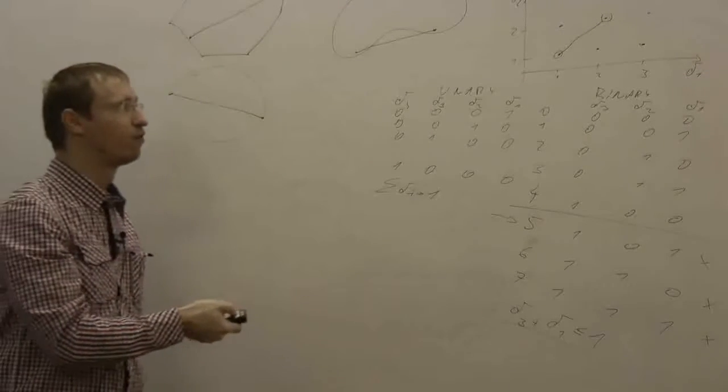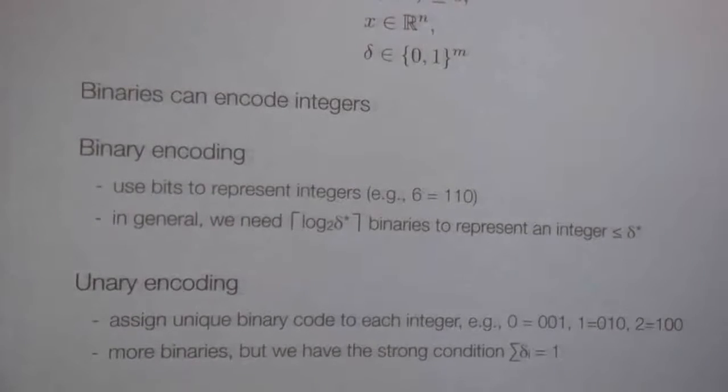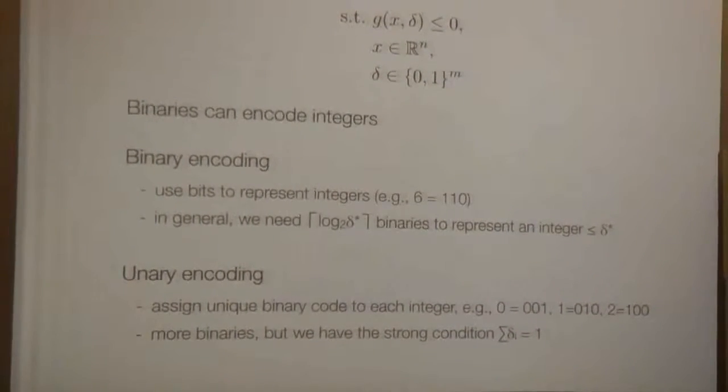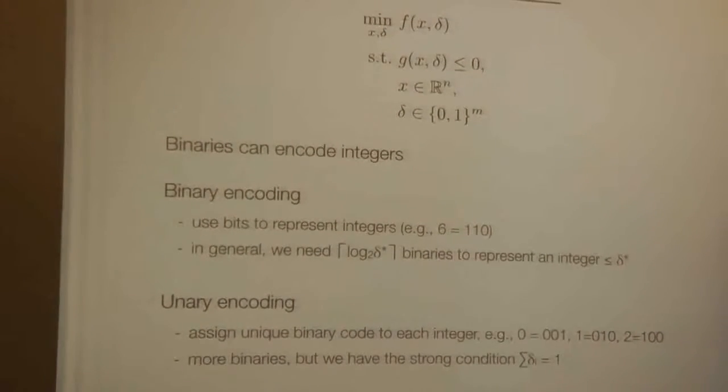So that's about the conversion from the integer formulation to the binary formulation. Every integer optimization problem we can convert to a binary optimization problem, either by using binary encoding or unary encoding, and we prefer the unary encoding for that.